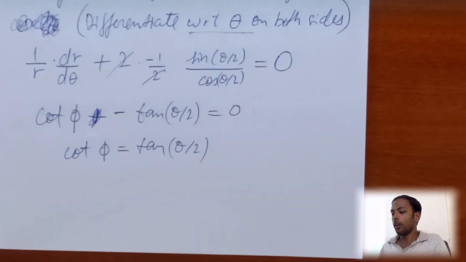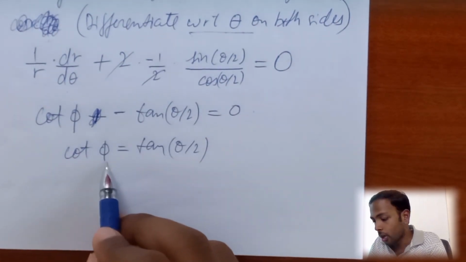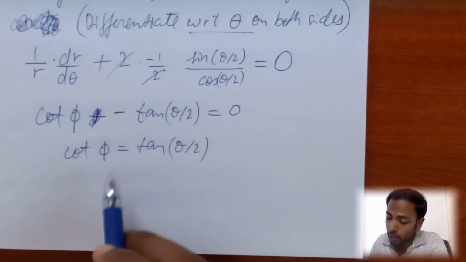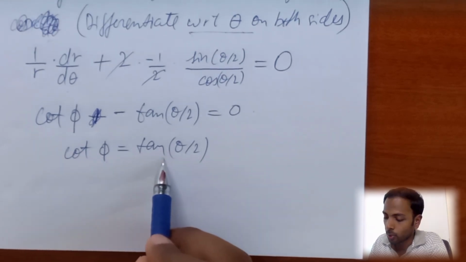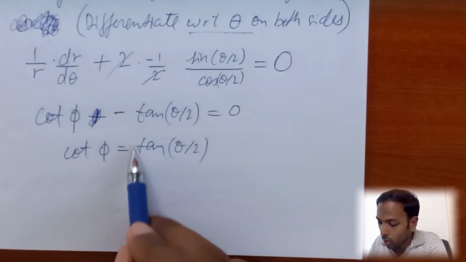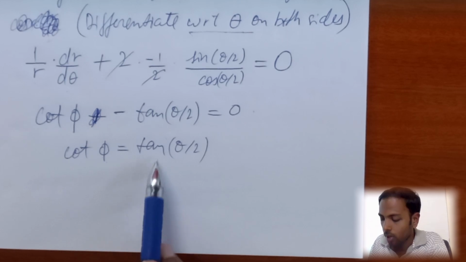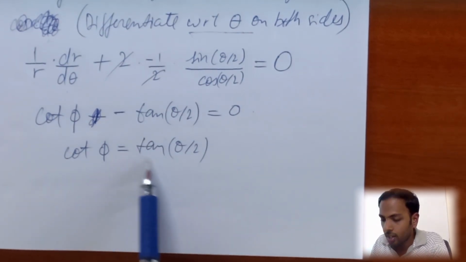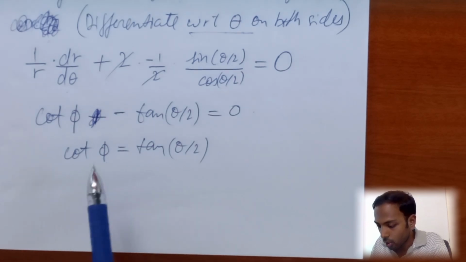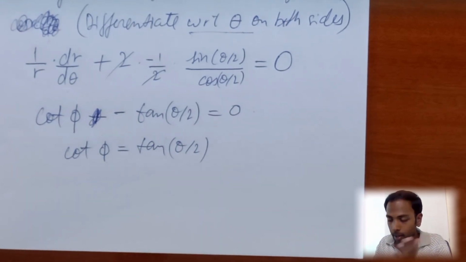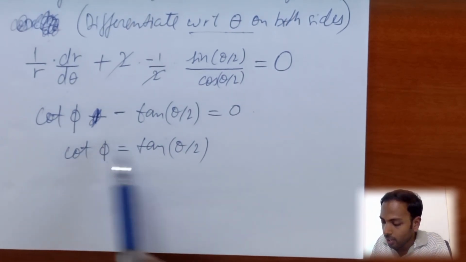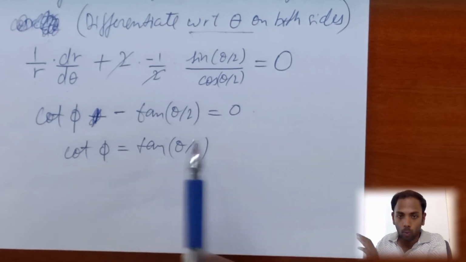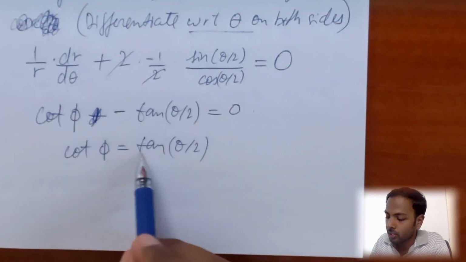Now the goal is to find phi, right? How will I be able to find phi from this kind of expression? The only way is to change this also into cot. You must somehow apply some property or formula to change tan to cot, so that cot and cot become the same, and then you can equate the angles, and then you can say phi is equal to whatever angle you get over there. So how to change this into cot?